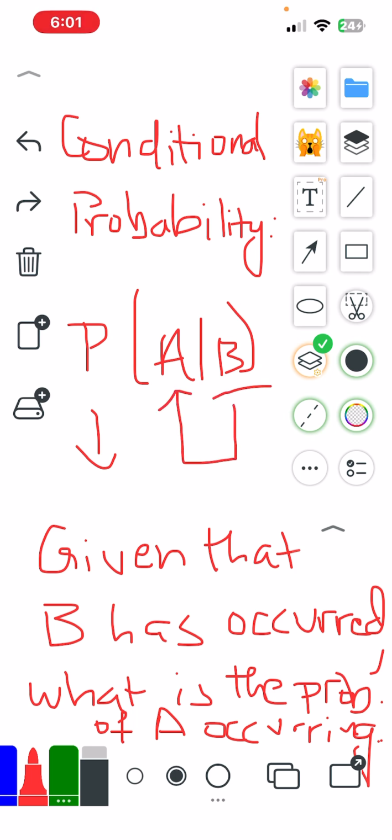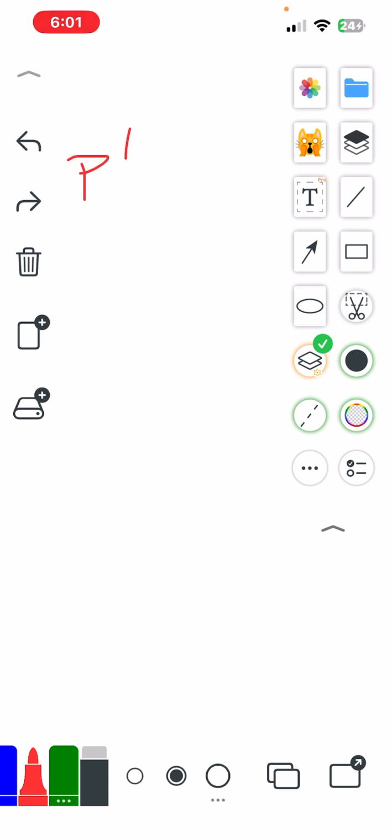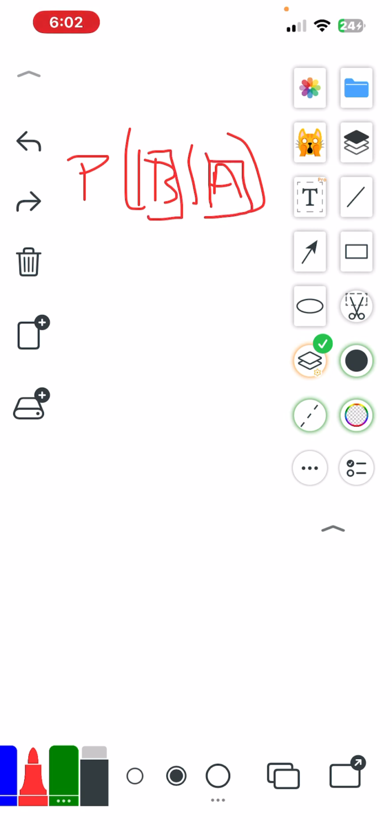Now if you were to turn this around and say P(B) conditional probability A. Given the fact that B has happened, B has occurred, what is the probability that A will happen, that A will take place?